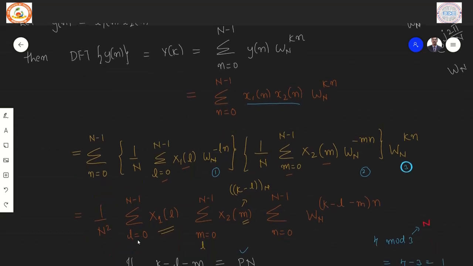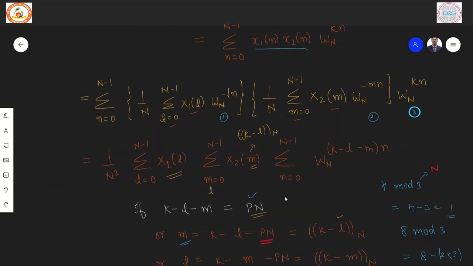The first summation l between 0 to N minus 1, x1 of l. The second summation m between 0 to N minus 1, x2 of m. And the third summation will have the twiddle factor terms, that is combining the powers W_N raised to k minus l minus m into n, where n is common in all the terms.